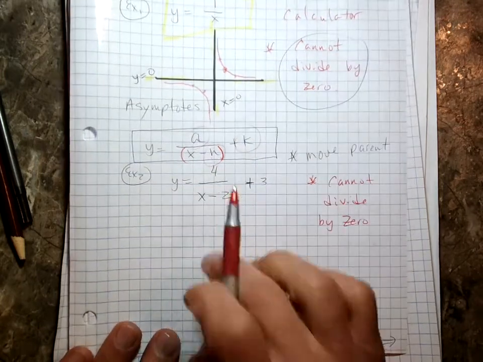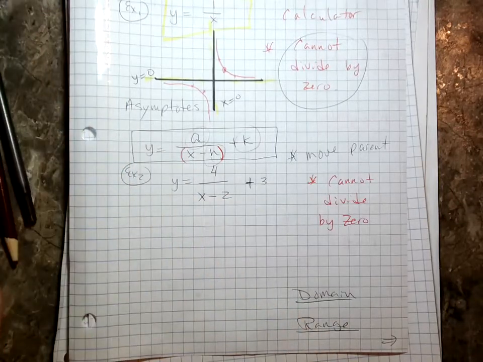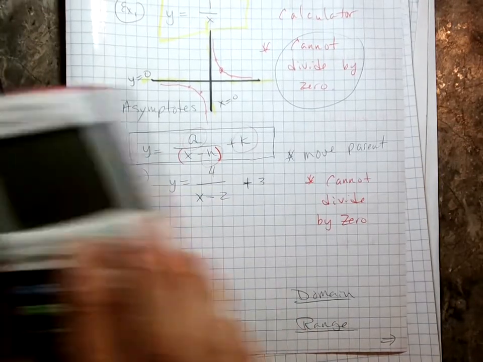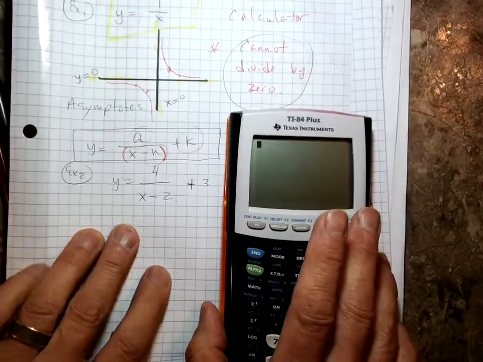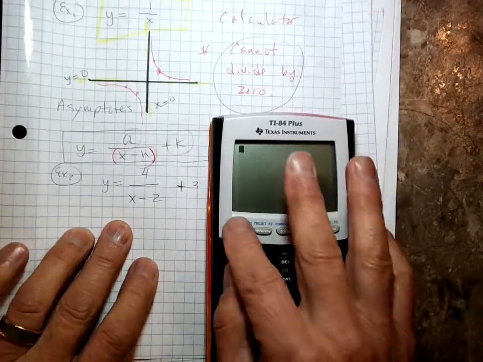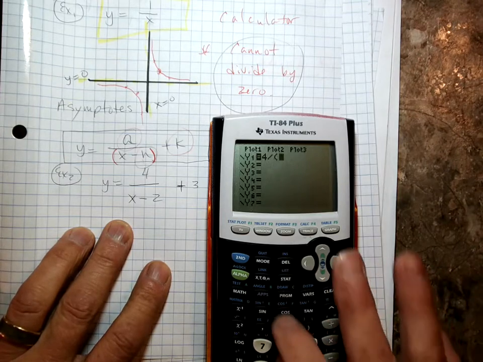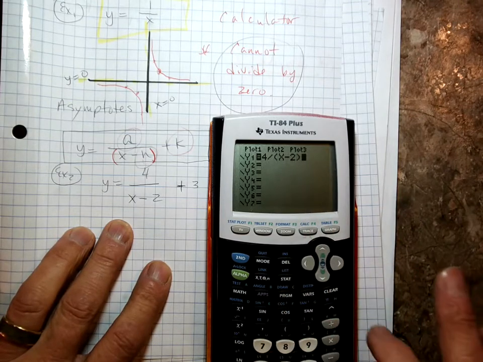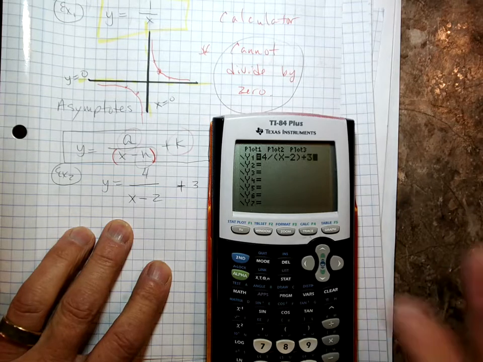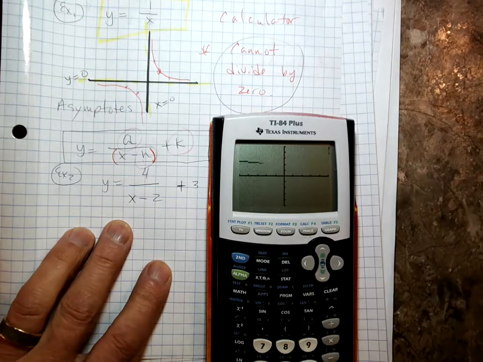So let's take a look at example 2. Now granted, example 2, if you have Desmos or if you have a nice calculator, you can do it. But I can do it faster without my calculator. But I'm going to show it anyway, okay? Y equals, clear that, I'm going to go 4 divided by parentheses, x subtract 2, and then plus 3. Okay, if I graph this, it looks like this.